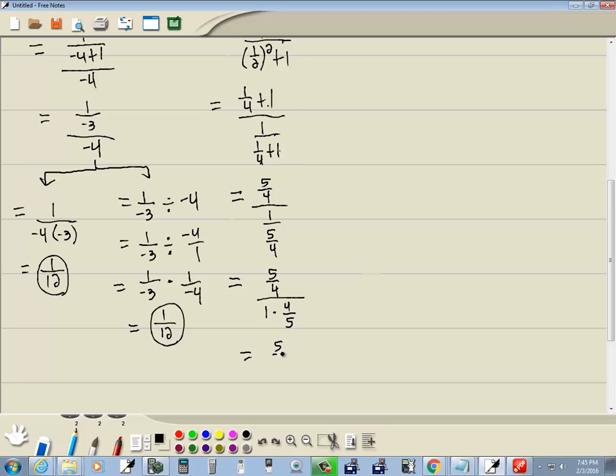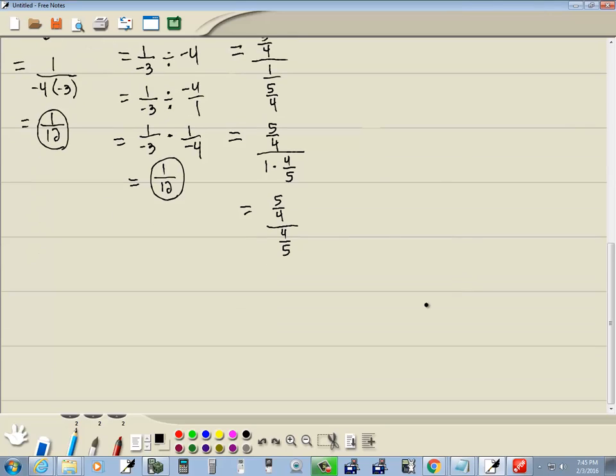So then this gives us 5/4 divided by 4/5. And what this means is we got 5/4 divided by 4/5. We never actually divide. We're going to immediately rewrite it as multiplication. So we'll take a reciprocal. We flip this fraction. So that becomes 5/4, which ends up giving us 25 over 16.